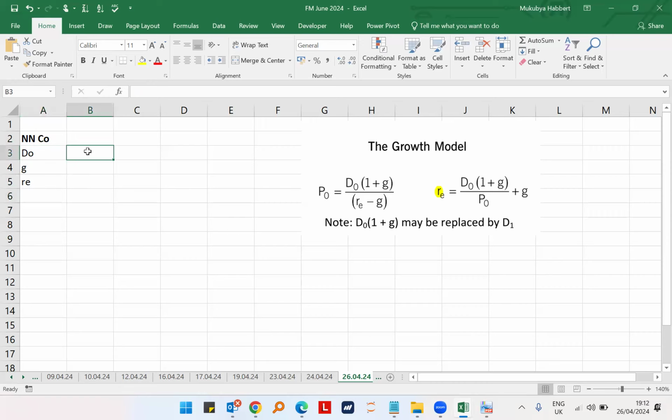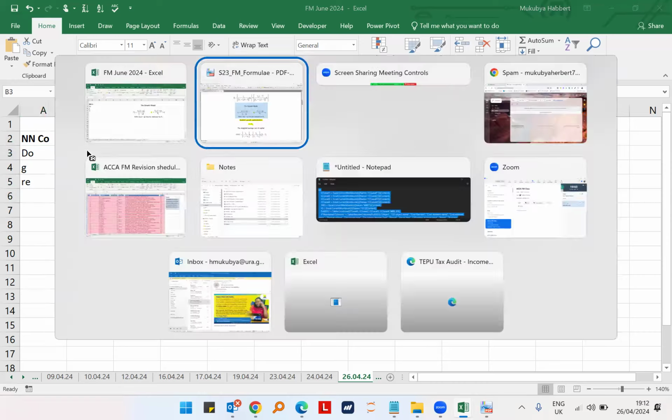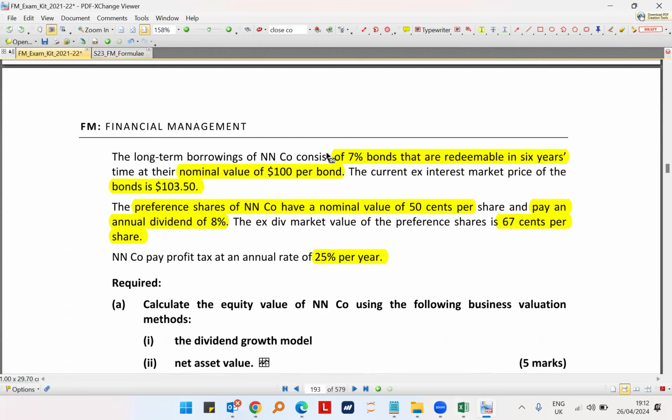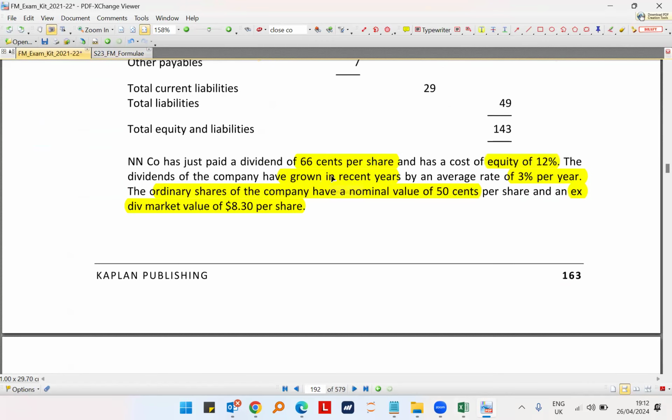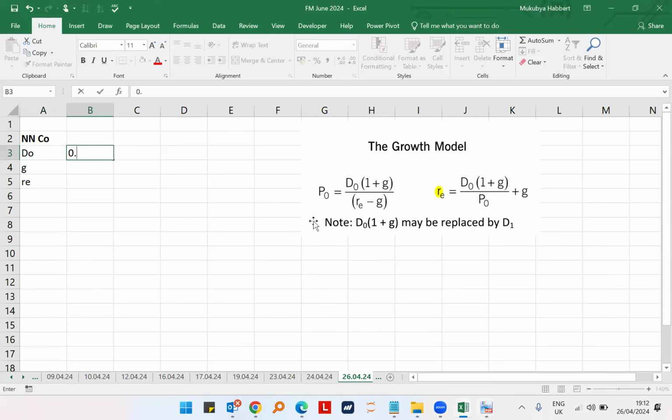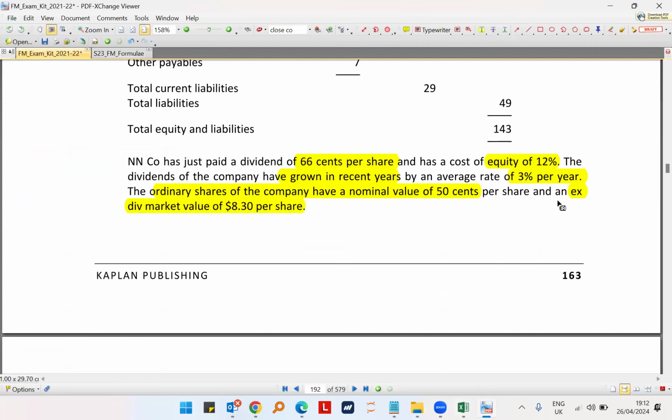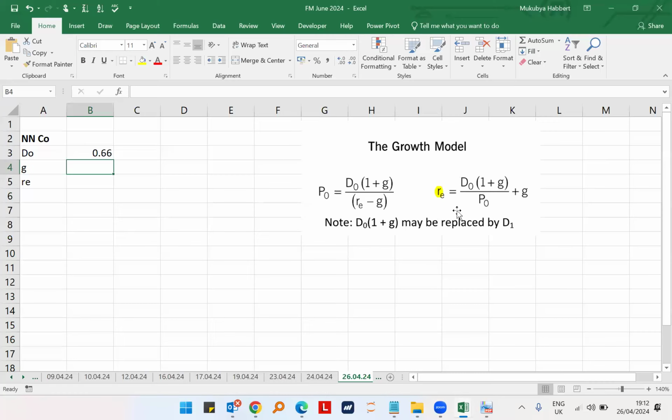For the dividend, they have said that a dividend of 66 cents has just been paid. So that is 0.66. Then they told us that growth has been 3% per year.